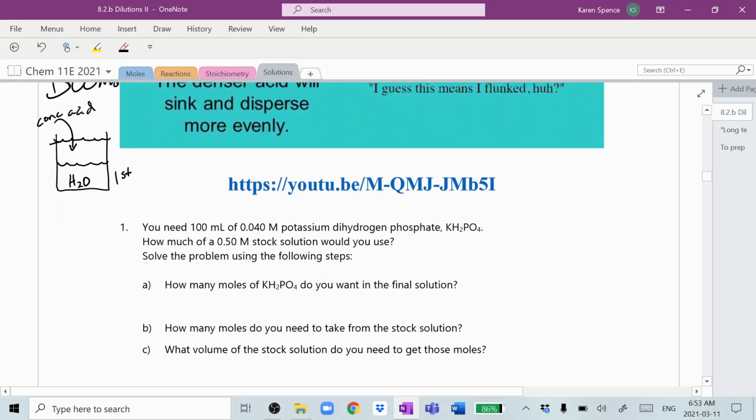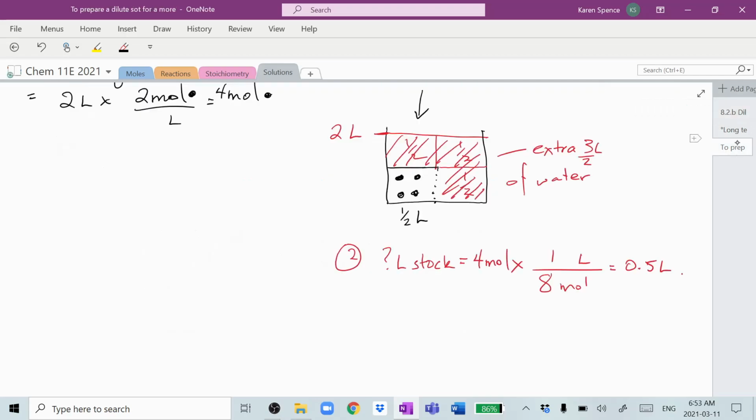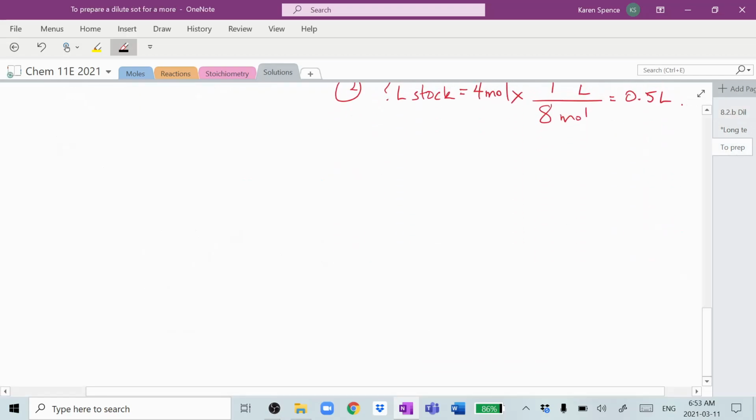Now, there's a bunch of questions here, but we are going to do another example. Where did it go? There we go. So this is an example that I did last term. I was trying to refill one of those carboys, you know, the ones that we had in our titration experiment, where we went and got our acid and base.